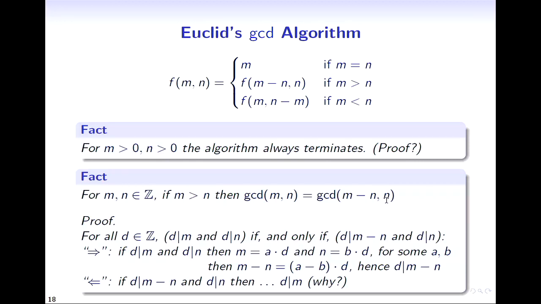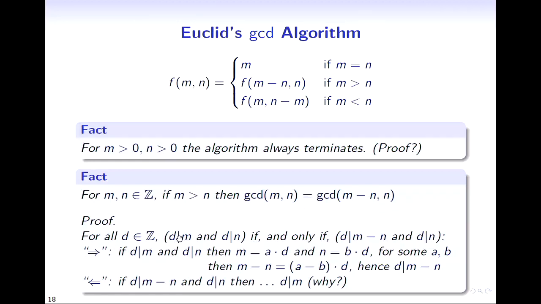Now, if we say that the set of all divisors of the first pair is the same as all the divisors of the second pair, then clearly it follows that the greatest of these must be the same. If they share all the common divisors, then they surely have the greatest common divisor in common.